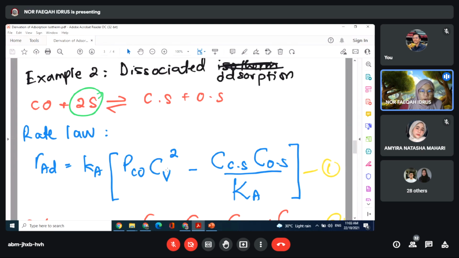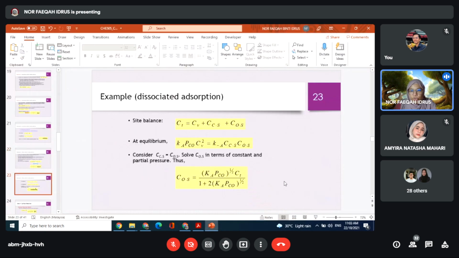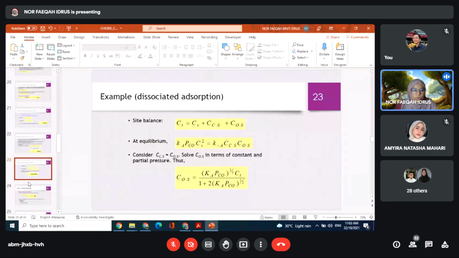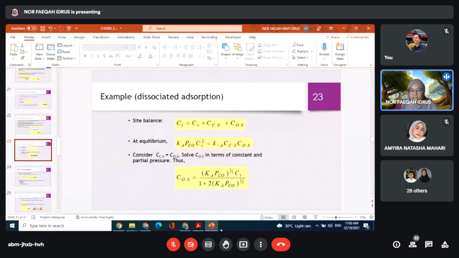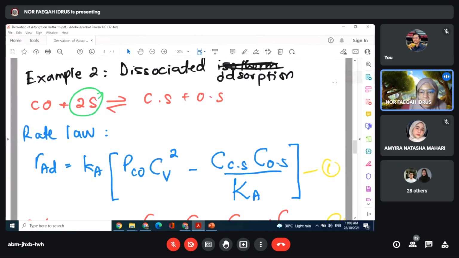So PCO CV square, we assume it is elementary. Minus C.S O.S over capital K A. This is the same as this one, so I will show the details directly in the PDF from the video.